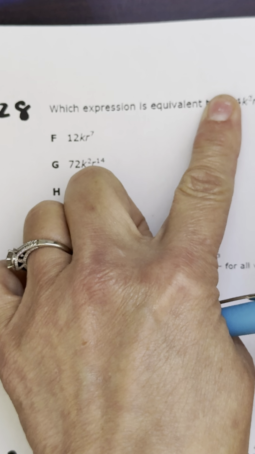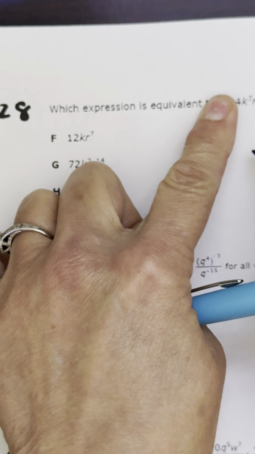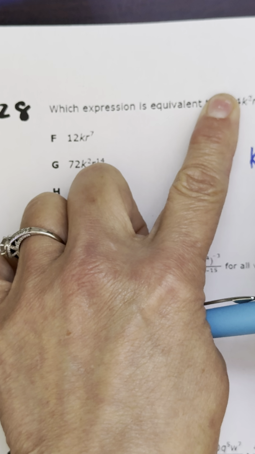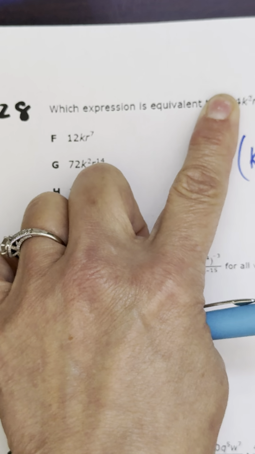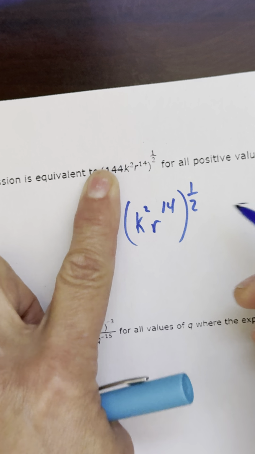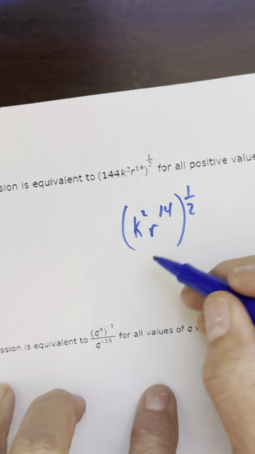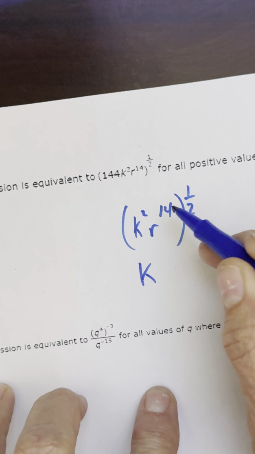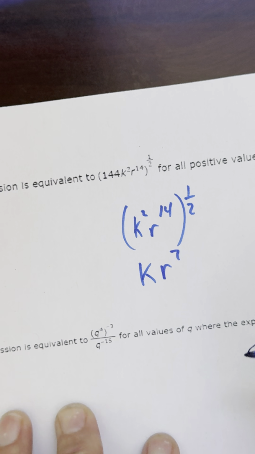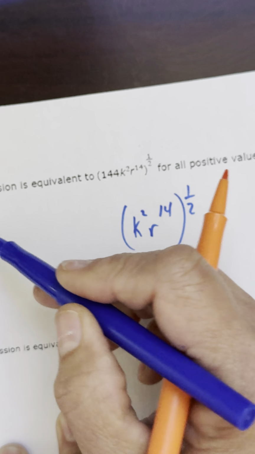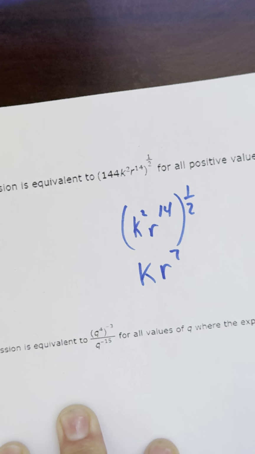So we're only going to multiply the exponents. So we have k squared and r to the 14 raised to the 1/2. And so half of 2 is 1. Half of 14 is 7. So that goes to here and here.